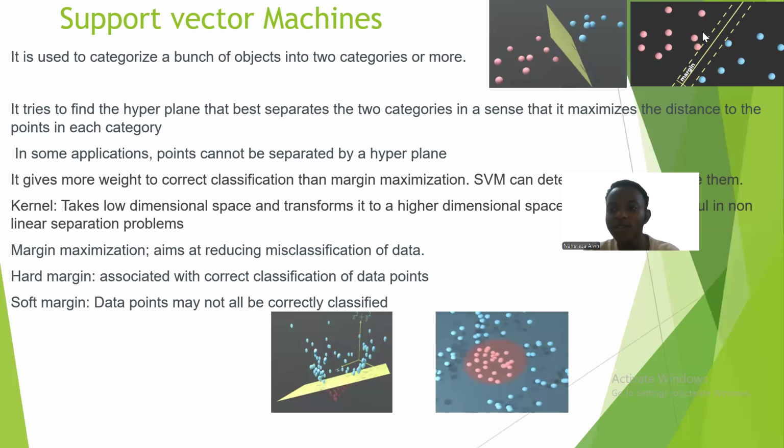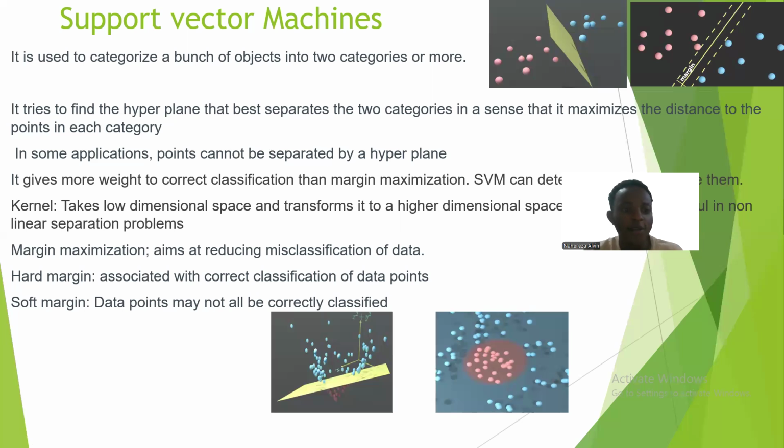It ensures that data points cannot cross to come inside here, as I'm showing. And then the soft margin is the opposite of the hard margin. And these data points that lie along the margin are called support vectors.